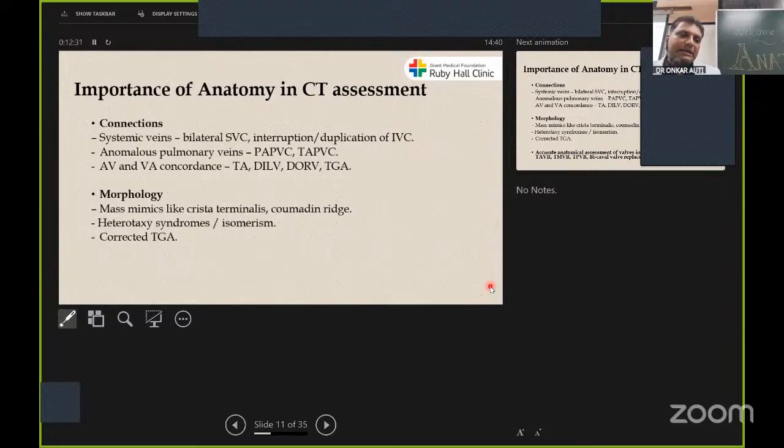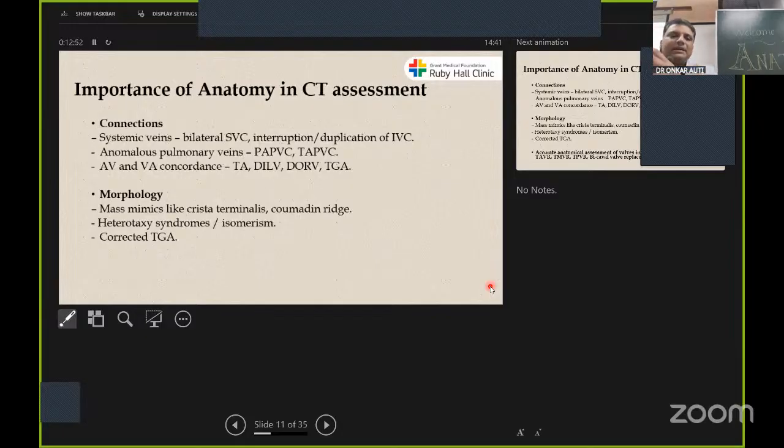The other form is corrected TGA. So what is corrected TGA? I'll just take one minute on this. As you have understood AV and VA concordance, right? Okay, let's look at AV discordance. What is AV discordant? If your right atrium is connected to the left ventricle, and the left atrium is connected to the right ventricle.